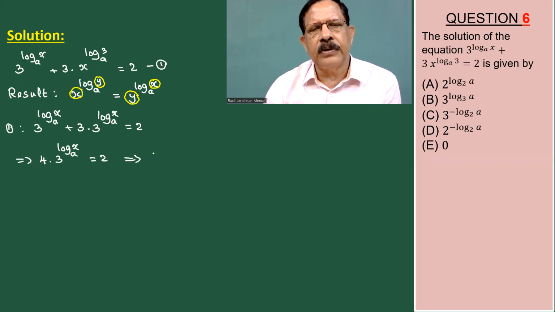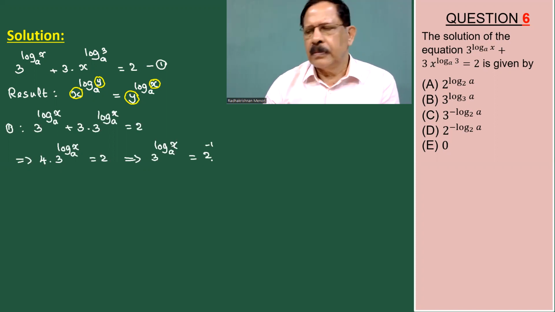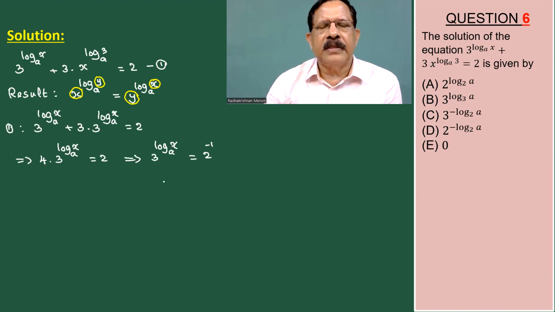Which is equal to 3 to the power log x to the base a is equal to 1 by 2, or 2 raised to minus 1. Now we are taking log to the base 3.